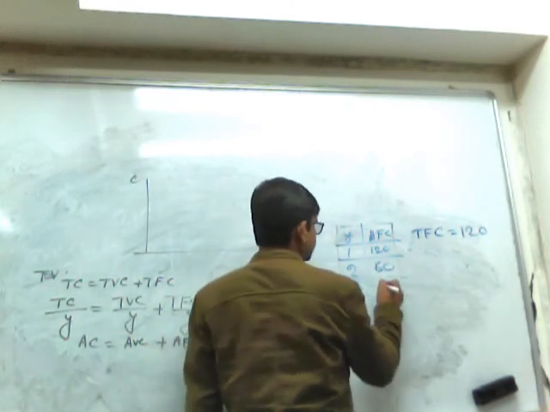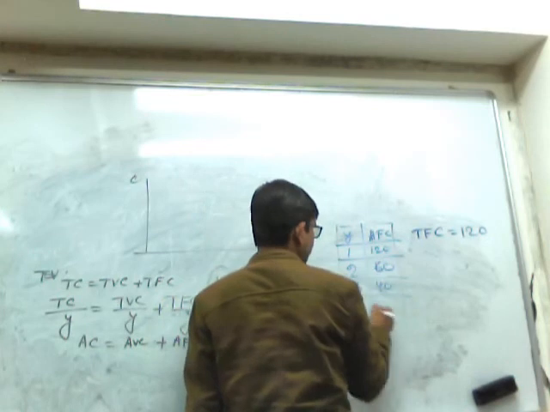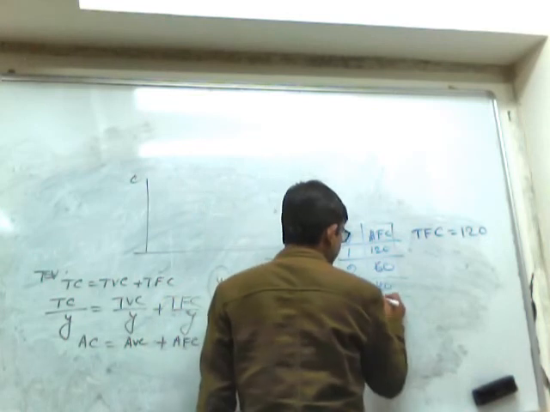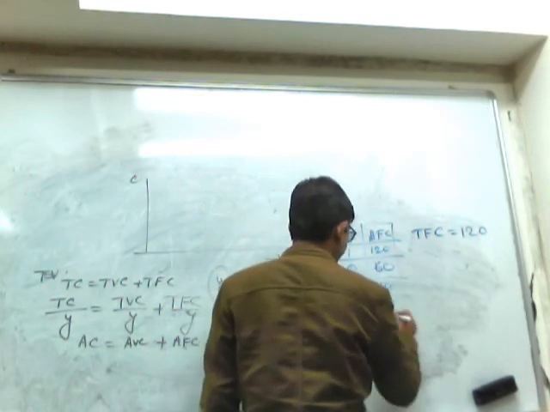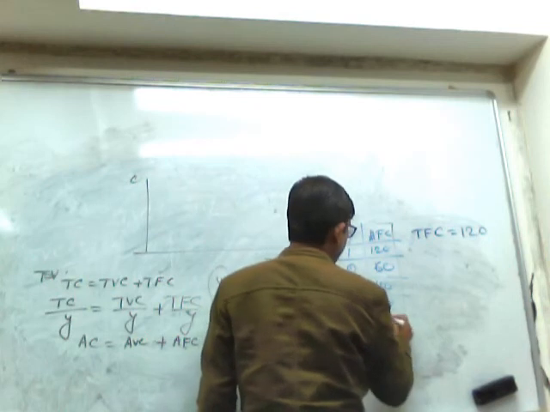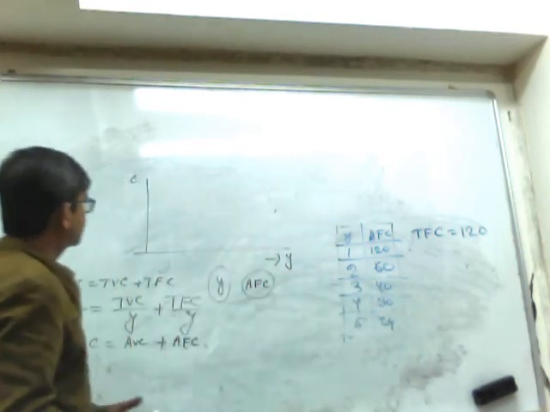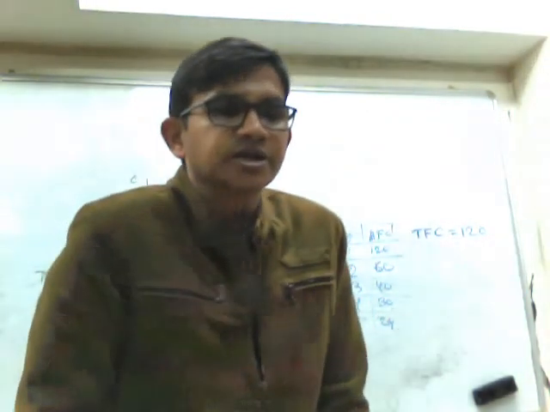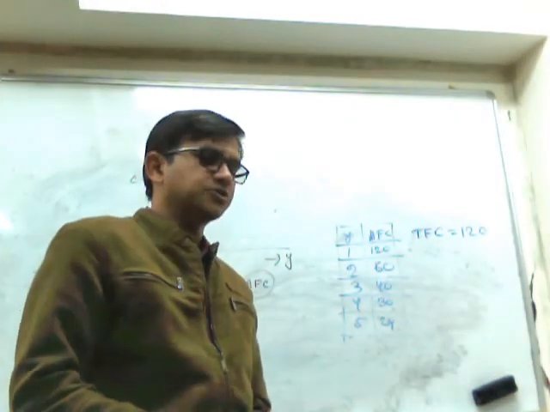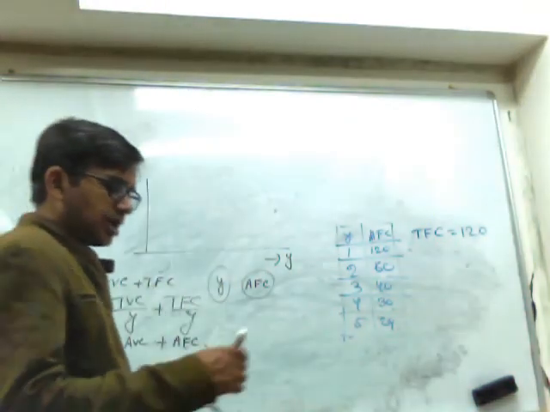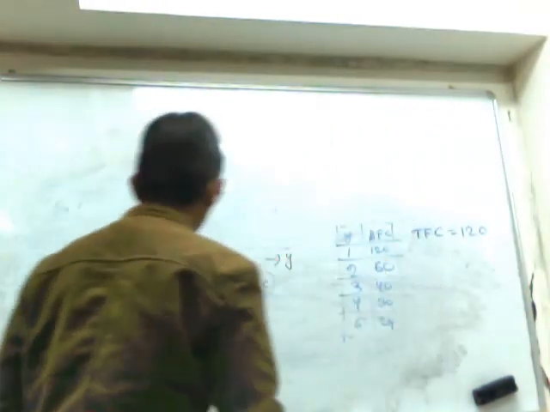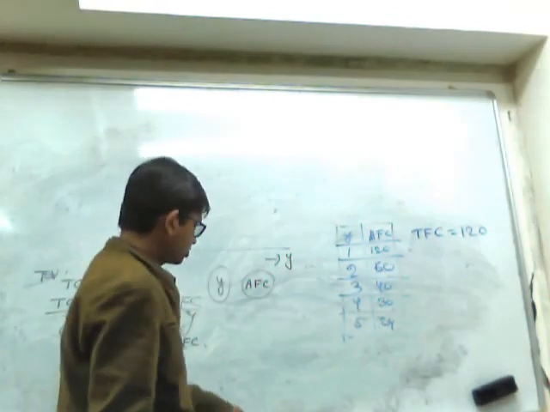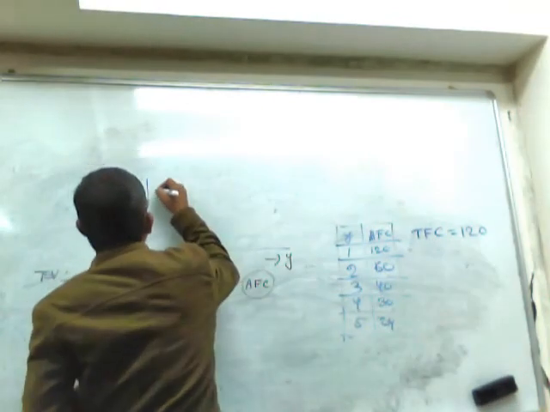If it is 3, AFC will be 40. 4, 30. 5, 24. So what we see here is that as the total fixed cost is constant, as we increase the level of output, the average fixed cost will gradually decline.